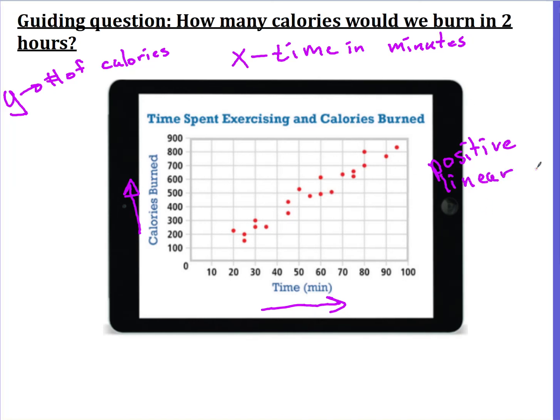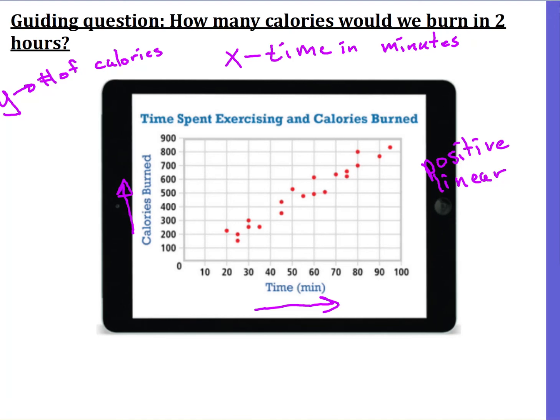So let's try to fit a line to it real quick. All I'm trying to do when I fit a line is make the total distance from the points as minimal as possible. Think of it like the average distance between the line and the points. For instance, if I drew a line like this, not very good: these are very close, these are very far. So we're going to try to make the average distance to all the points as small as possible.